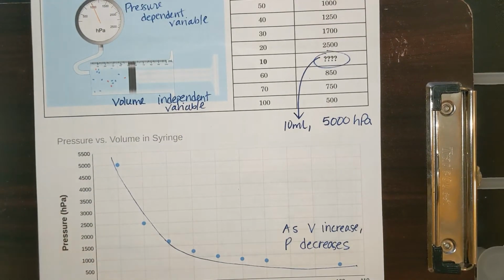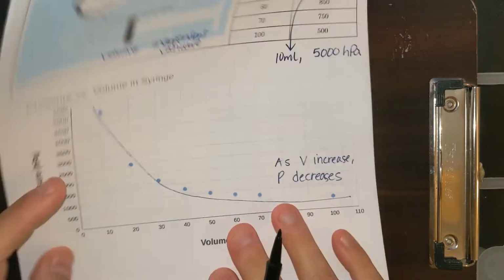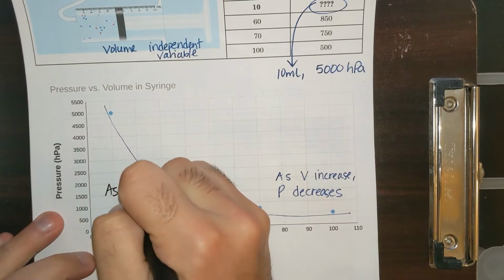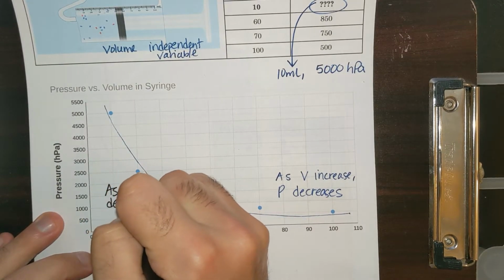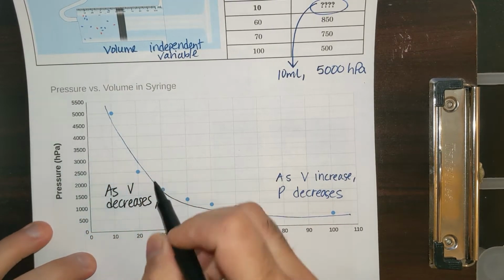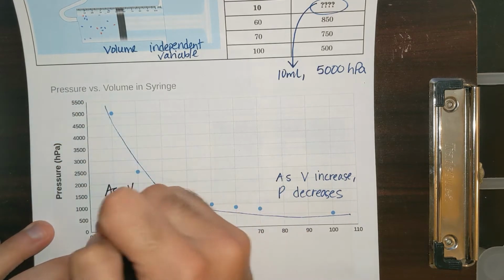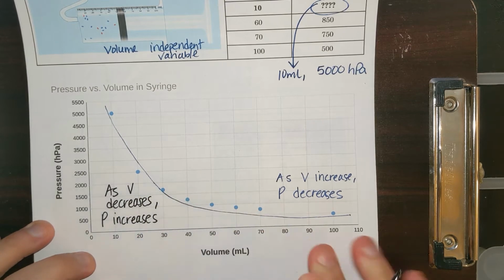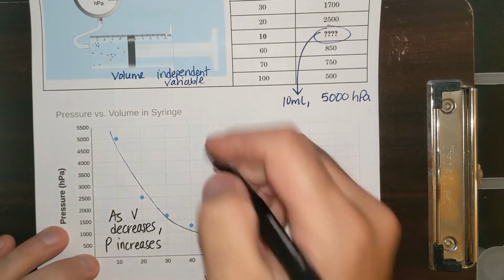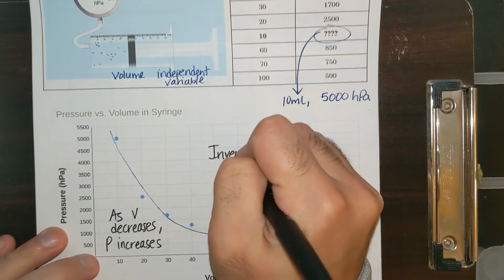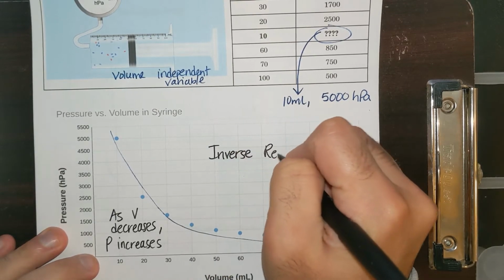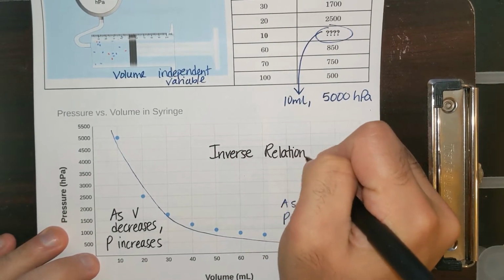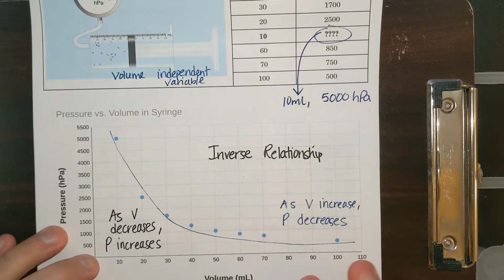Or conversely, on the other end, as volume was decreasing, as V decreases, look at pressure going all the way up, P increases. Okay? And this shows what's known as an inverse relationship. And you're going to have to know this graph for your next unit test.